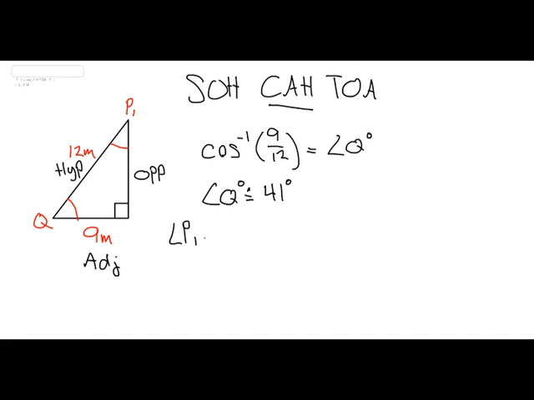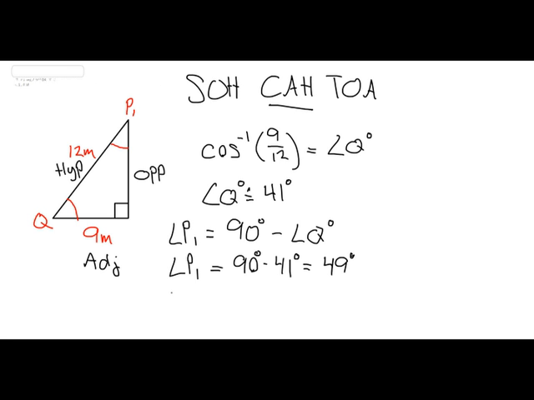So if I'm looking for what P1 is equal to, all I have to do is take 90 degrees and take away angle Q. So in this case, our P1 angle is going to be equal to 90 minus 41. Whoops, sorry, almost gave it away there. 90 minus 41, and what we get is 49 degrees.